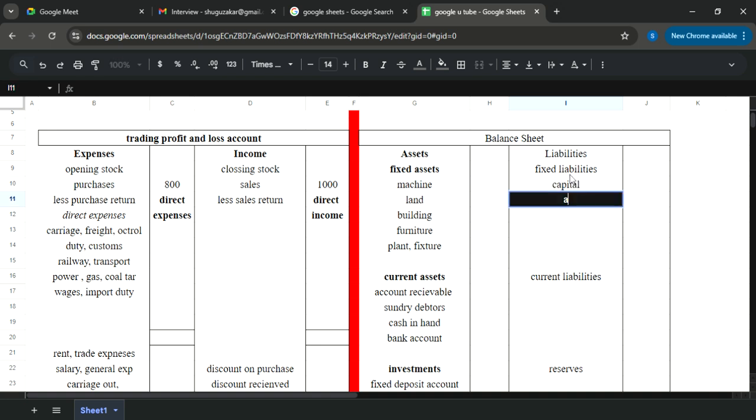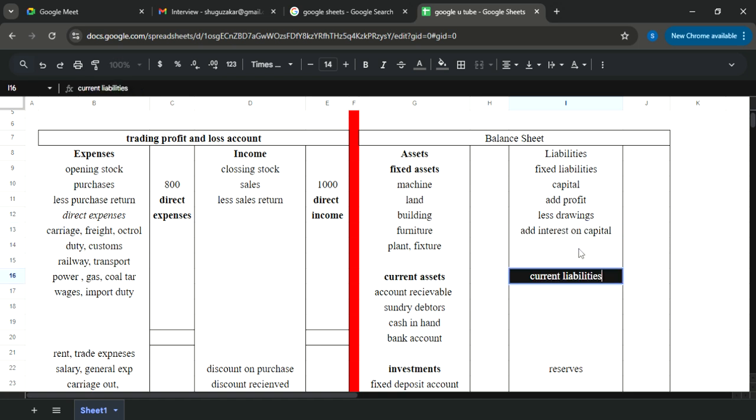In capital, you will add your profit, which you will calculate from this side. For the time being, we are trying to make up our mind what elements would be written on what side. So that is why we will start our calculation in the next lecture. For the time being, just try to understand the positioning. We will add profit, or we will subtract drawings. We will add interest on capital over here.